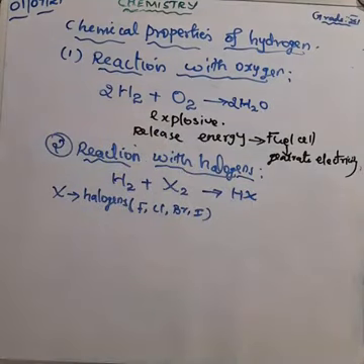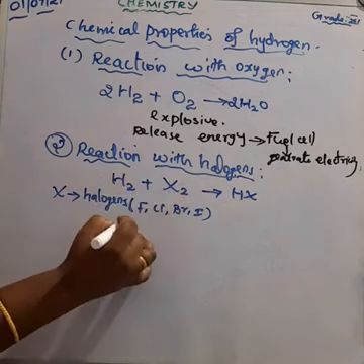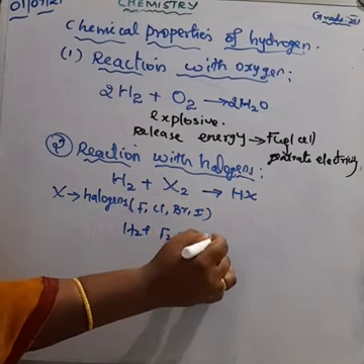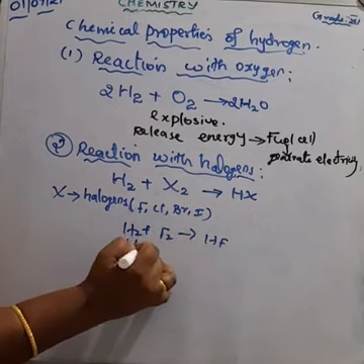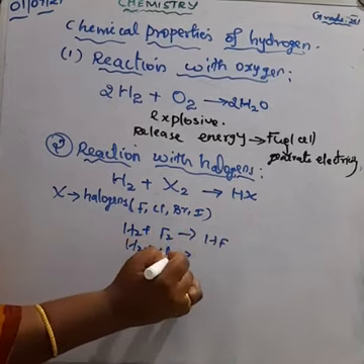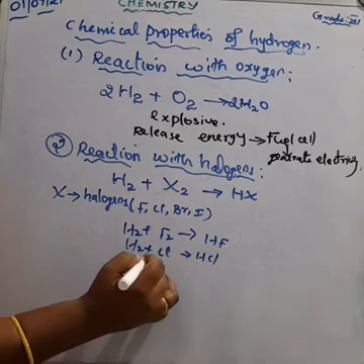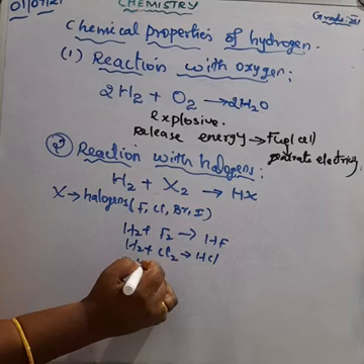For example, when hydrogen combines with fluorine it forms hydrogen fluoride. When hydrogen combines with chlorine it forms hydrogen chloride. When hydrogen combines with bromine it forms hydrogen bromide. This is the reaction with halogen.